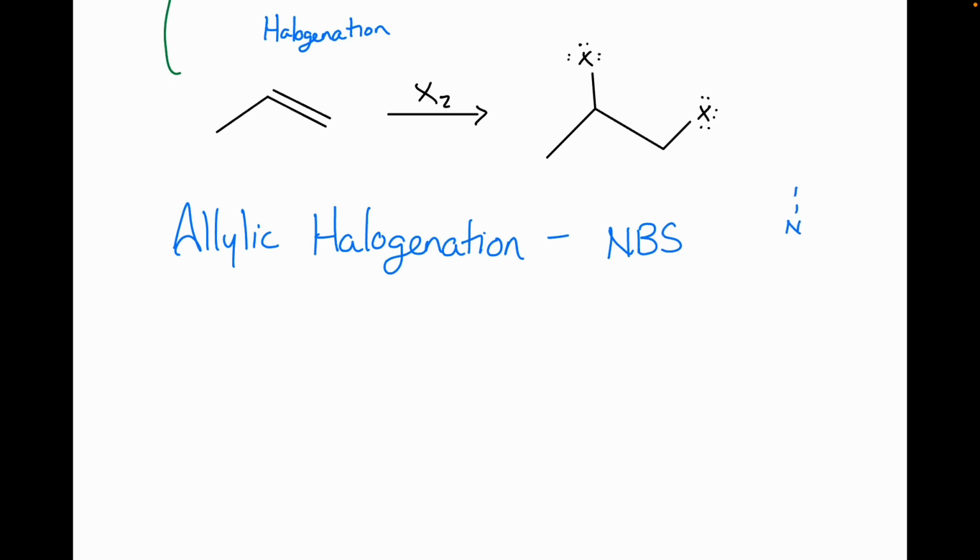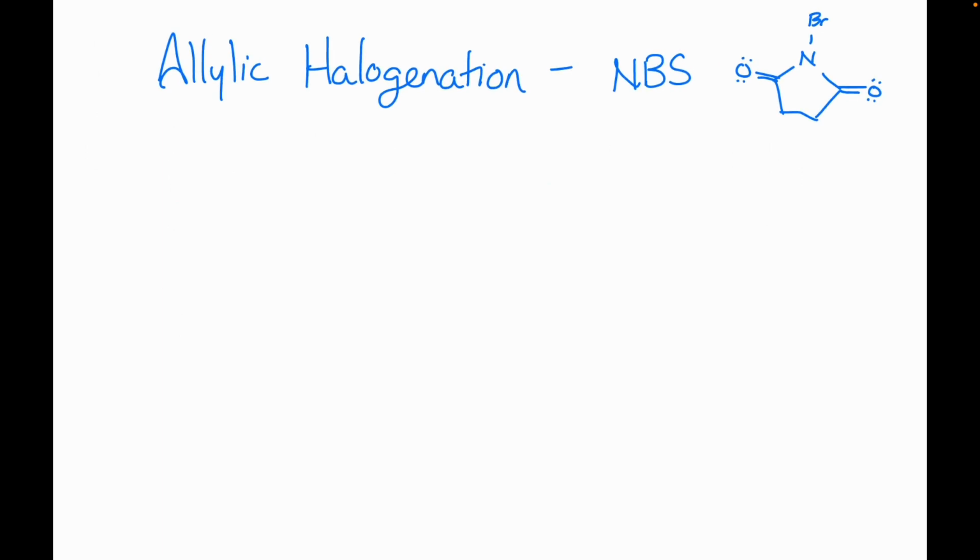Okay, you don't really have to know the structure, but just in case you're curious, this thing right here, this guy's NBS. All right, so this is called an allylic halogenation. So let's get an alkene here. I'm going to use cyclohexene.